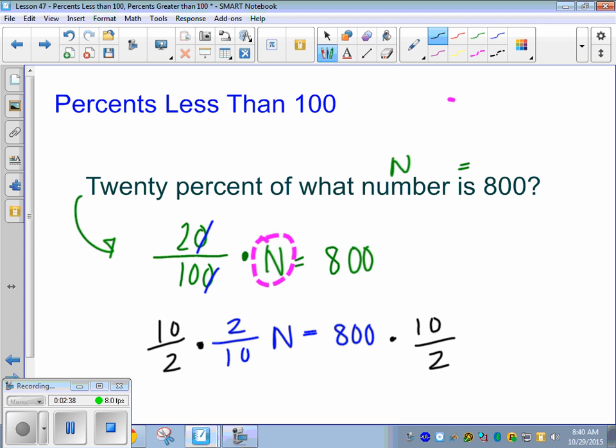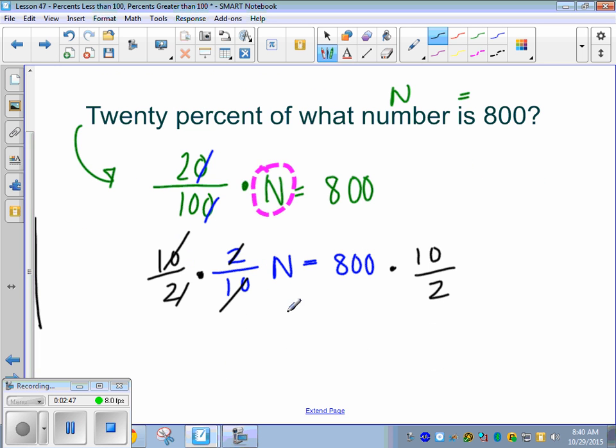10 over 2. All right. These are going to cancel. These 2's cancel. These 10 cancel, just like when we're solving regular old equations. And we get that n equals 800 times 10 over 2.